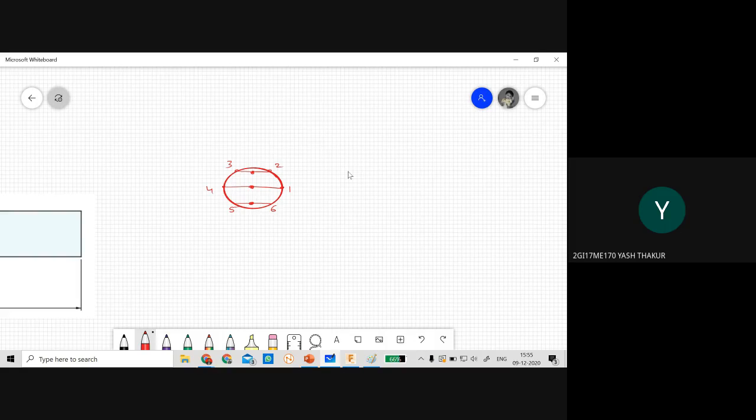Sir, but the position of P1 and P2 will get changed, right? No, that's what I'm telling. Once you get these midpoints of these horizontal lines, this becomes our top line, this becomes our center line, this becomes our bottommost line. The bottom line, wherever it cuts line number 1 and line number 2, you will get P1 and P2 there. The center line, wherever it cuts line number 3, you will get P3 there.